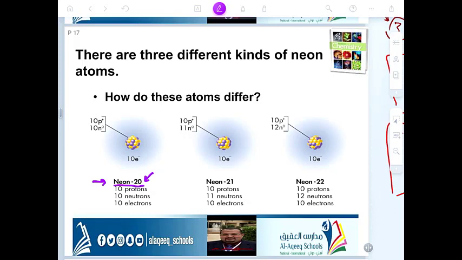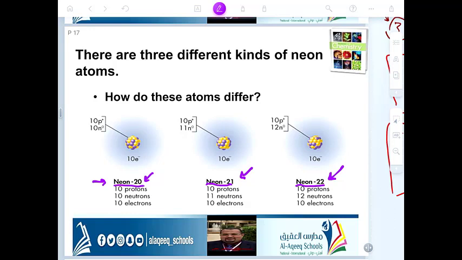But we have neon-21. It means neon has another form of the atom with mass number 21. And also we have neon-22. So we have three forms of the same element neon, each one with its own mass number. What does it mean?